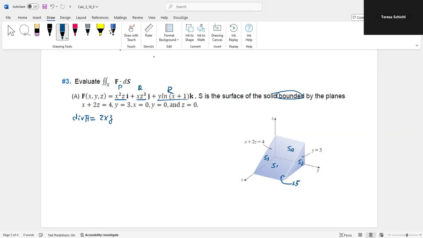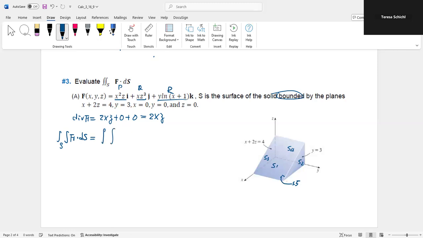Taking the derivative of Q with respect to y, I have 0. Taking the derivative of R with respect to z, I have 0. Wow, so this turns out to be a pretty handy function.